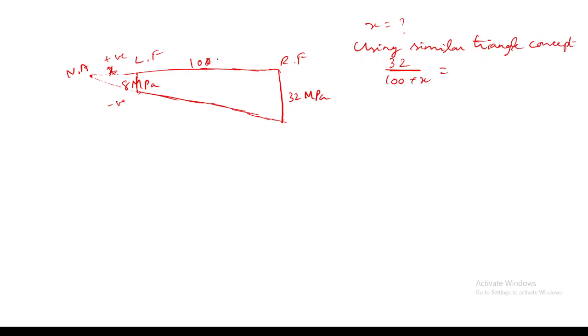I am taking two triangles, this big triangle as well as this small one. 32 divided by 100 plus x is equal to 8 divided by x. So x you will get as 100 by 3, which is nothing but 33.33 mm. So now it is clear how you are actually finding the neutral axis.